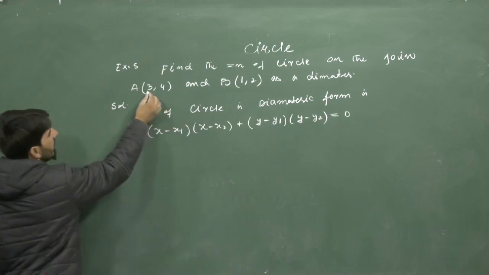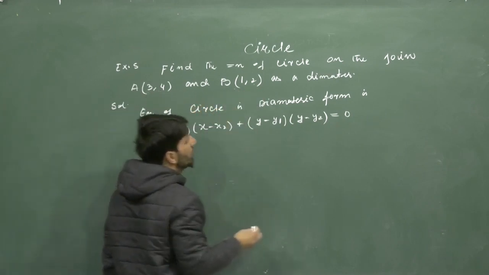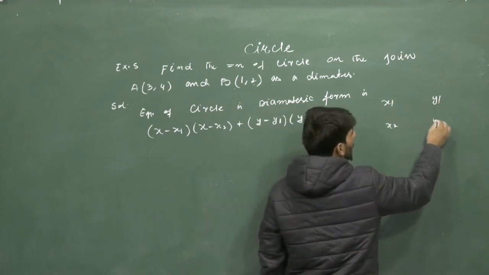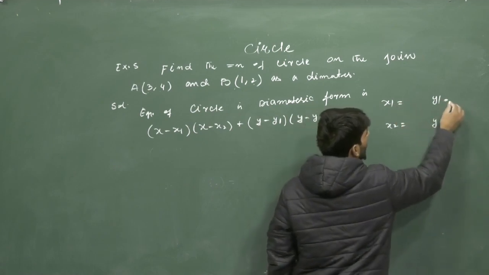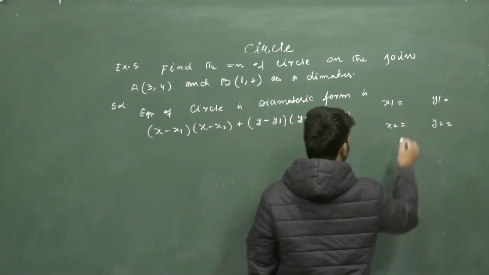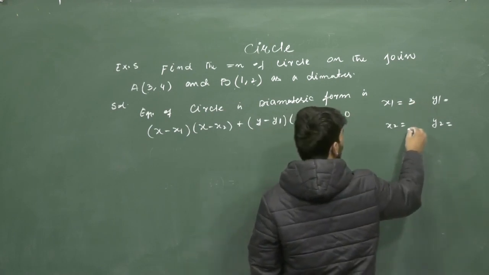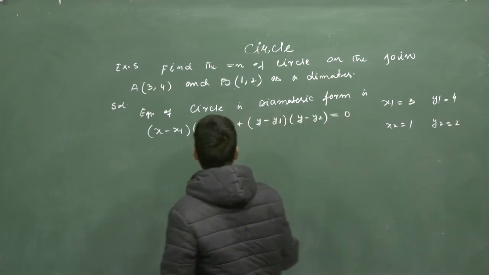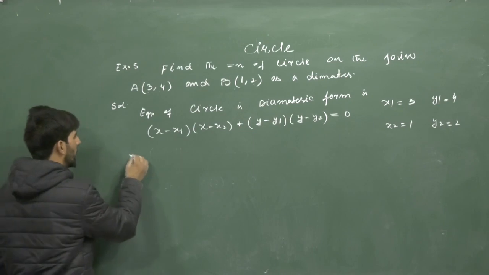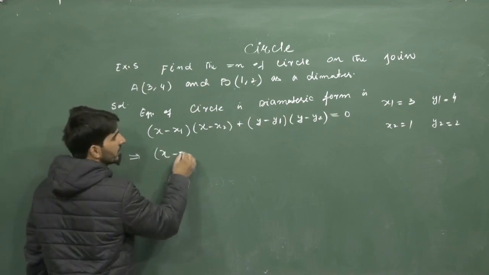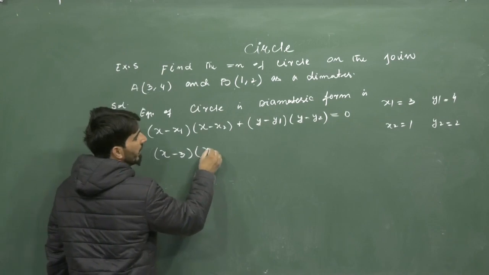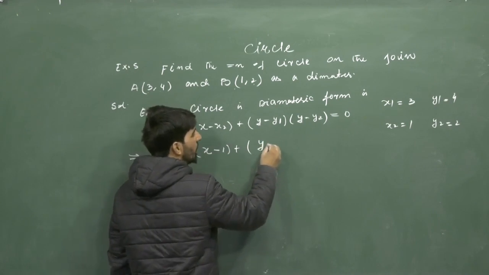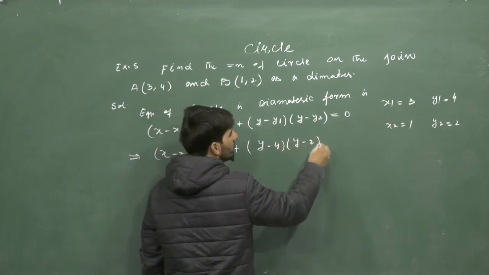Here this is (x1, y1) and (x2, y2). So x1 is 3 and y1 is 4, x2 is 1 and y2 is 2. On putting these values in this equation, we have (x - 3)(x - 1) + (y - 4)(y - 2) = 0.